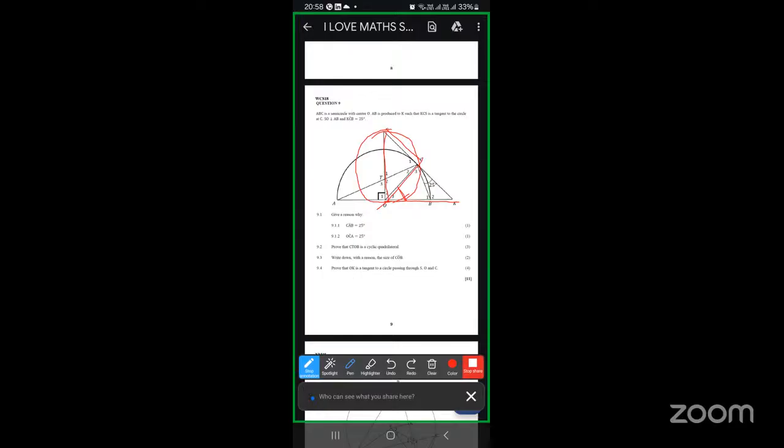She showed that this angle is equal to that angle. Oh, okay. So do you all understand how she did it? Yes, sir. No, sir. Okay, can anyone who understands explain it to her, please?